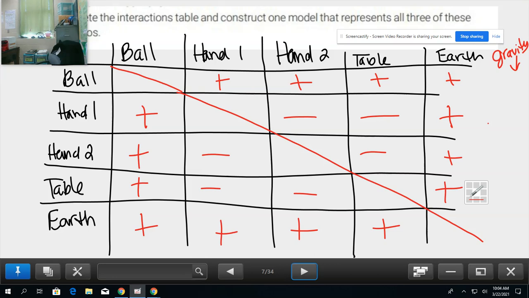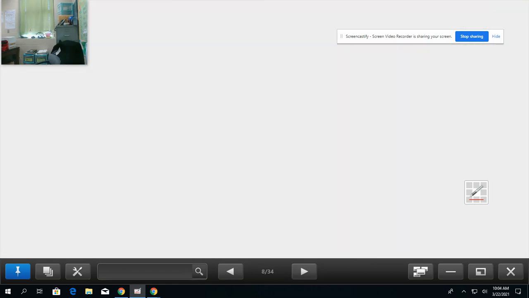So that's our chart. We're also going to use this chart to create our model. And then anywhere there's a plus sign, that is a force arrow. Okay, so this is our free body diagram. We're going to build it from the bottom up. So at the bottom, we have Earth.